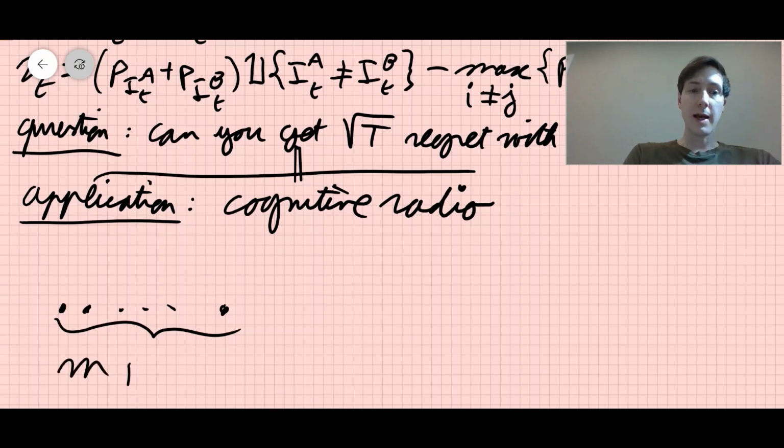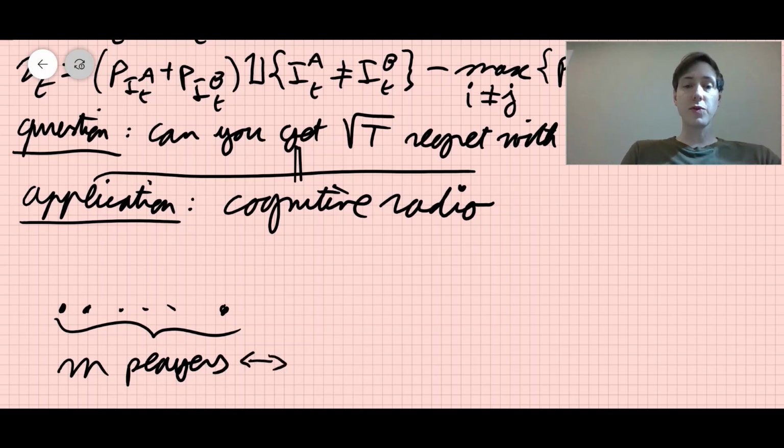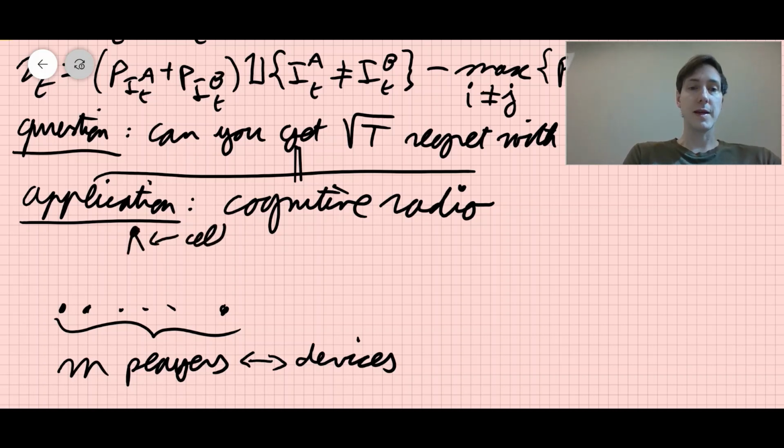Again, in this presentation, and in fact in the paper, we focus on M equals 2, but for the application, let's say we have M players, and this corresponds to devices. And what do those devices want to do? They want to communicate with a cell tower. This is a cell tower.